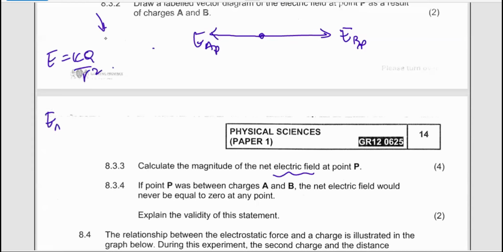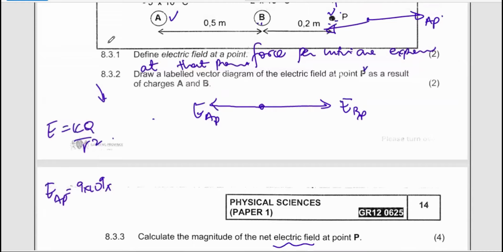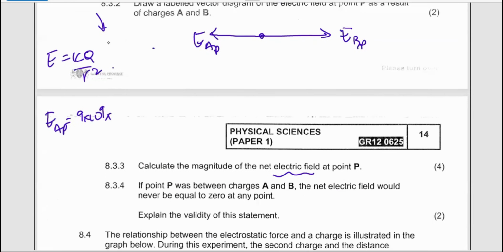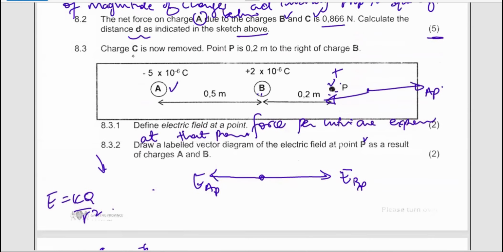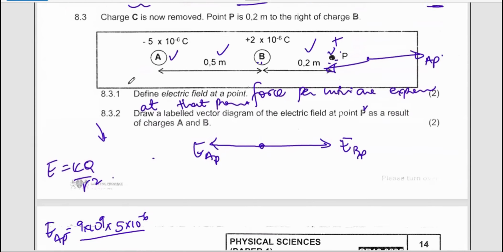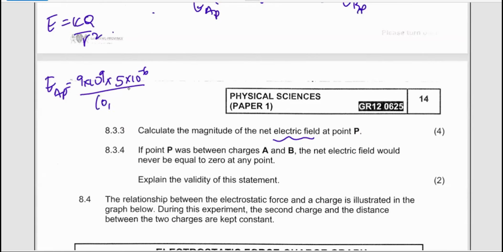If I look at AP first of all, it's going to be 9 times 10 to the 9, and then my A is 5 times 10 to the negative 6, divided by, remember we're looking at A, so it's going to be 0.5 and 0.2, which is 0.7. So 0.7 squared. What does this give us? Gives me a very big answer, 91836.73.